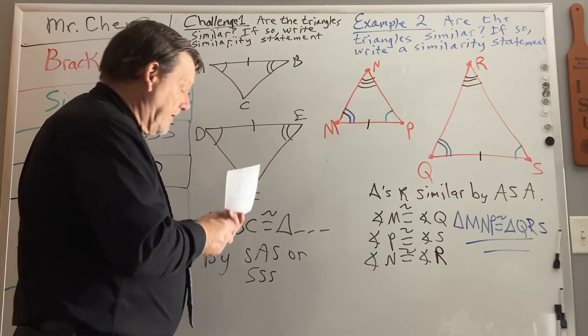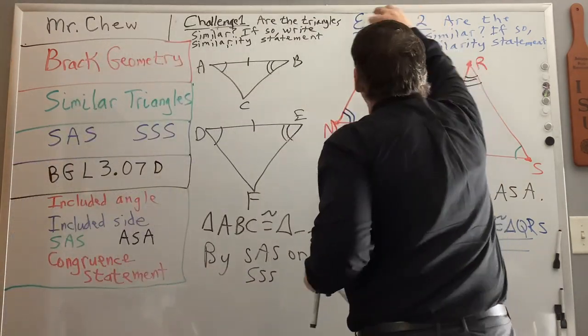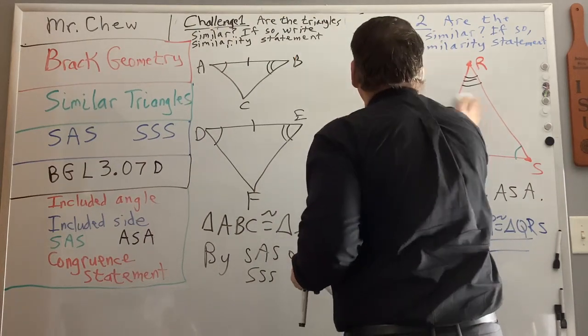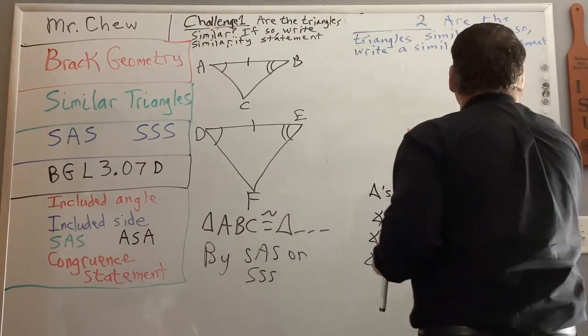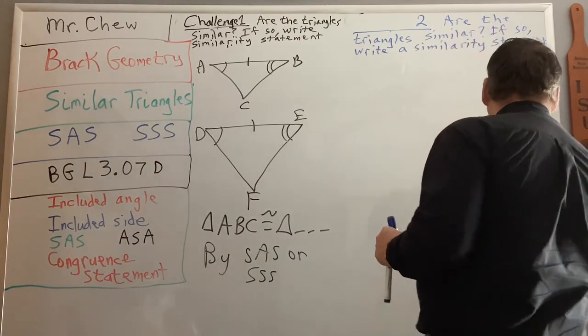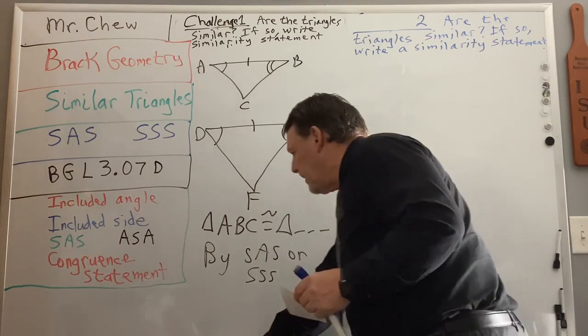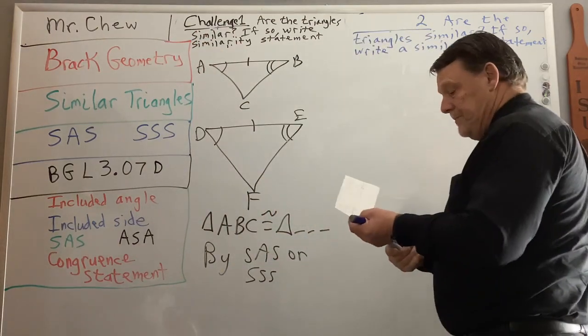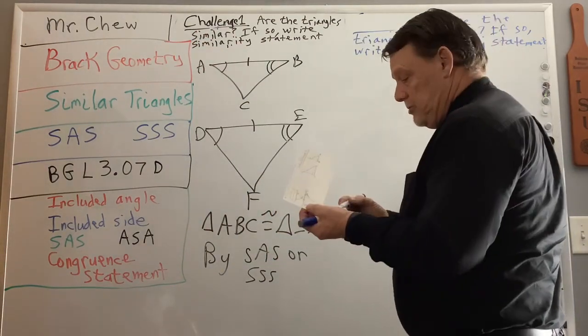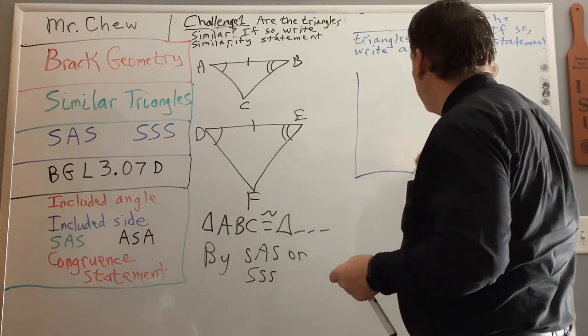Okay, that's challenge 1. Now we'll go to challenge 2. And remember, I will have a video where I explain these. That'll be linked right up here at the top. So in challenge 2, I've got 2 right angles, 2 right triangles.